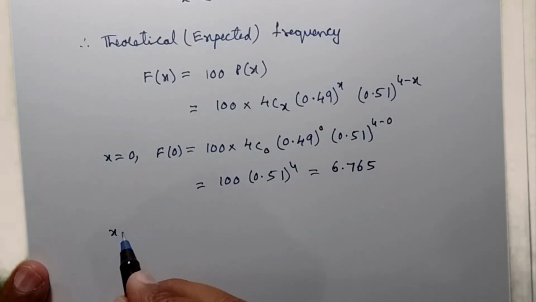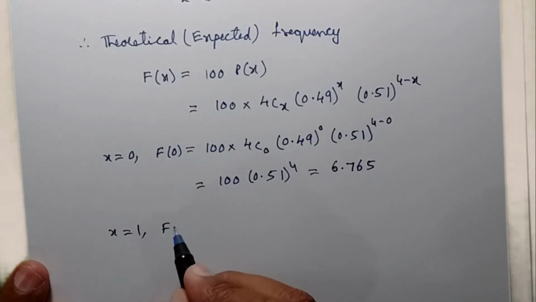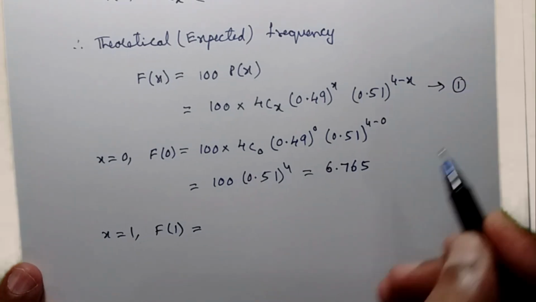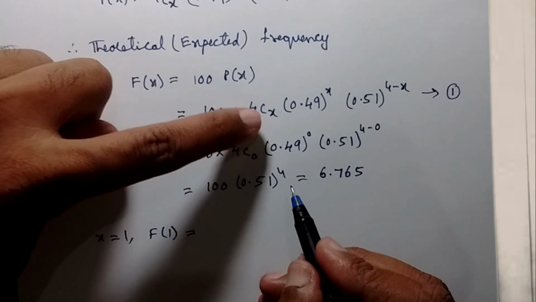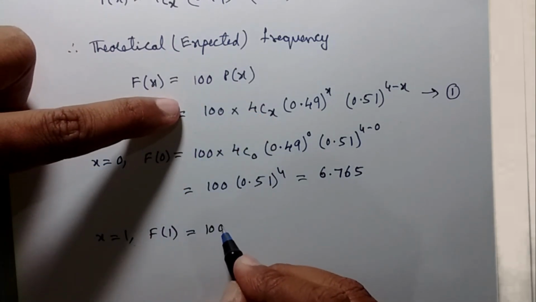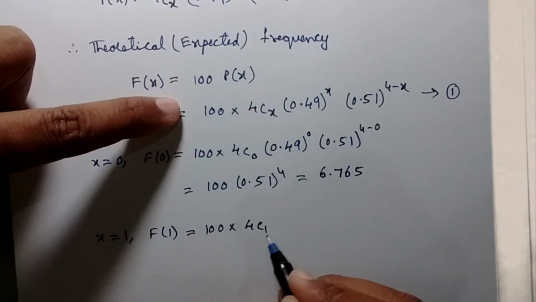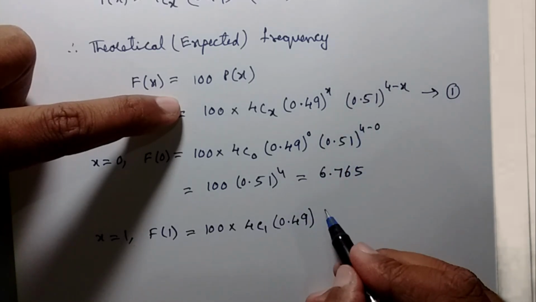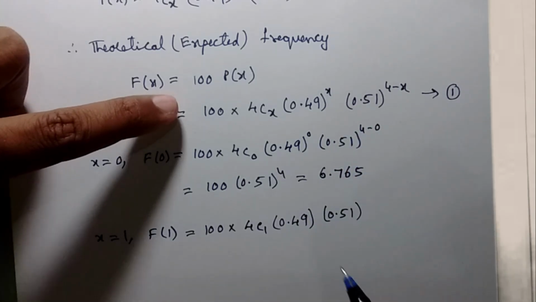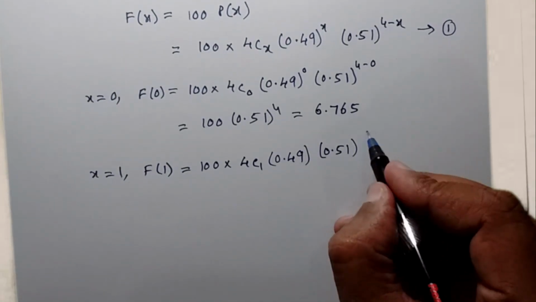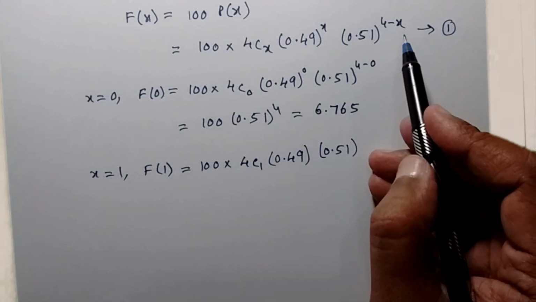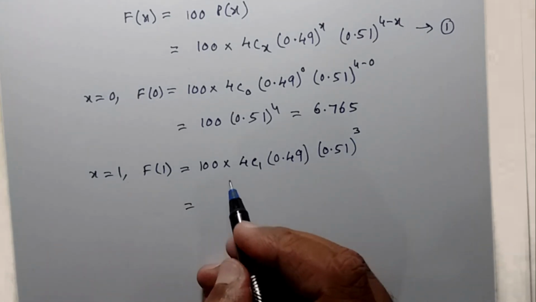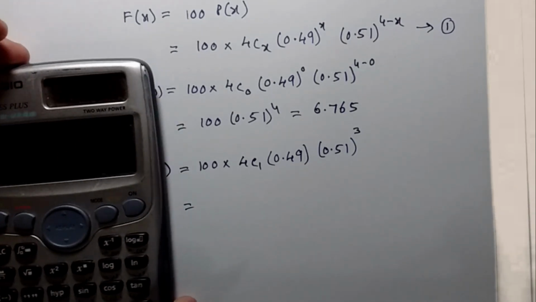Similarly you can write for X equals 1. So F of 1 will be equal to, if you want you can take this as equation number 1, just plug in X equals 1 over here. We'll be getting 100 times 4C1 into 0.49 to the power of 1, into 0.51 to the power of 4 minus 1. So 4 minus 1 will be 3. Once again you can use the calculator and simplify this result.